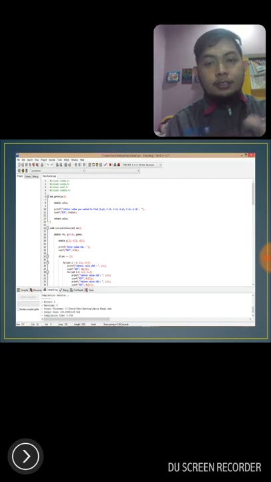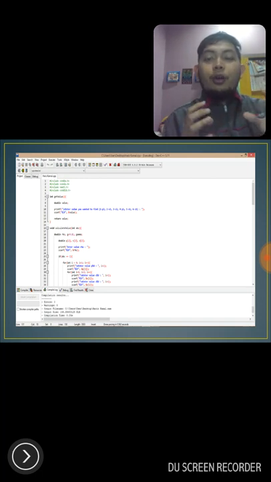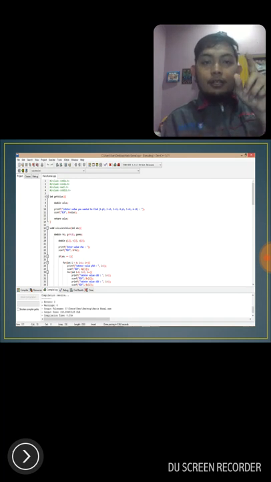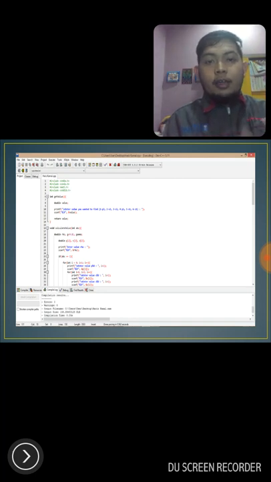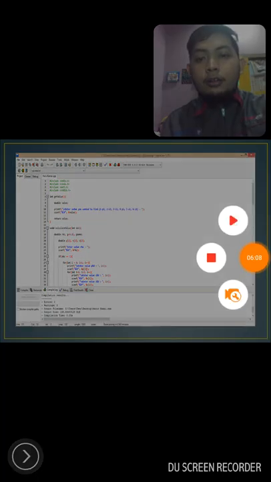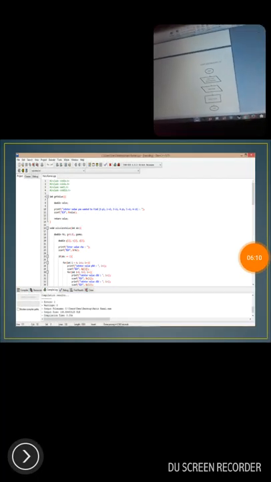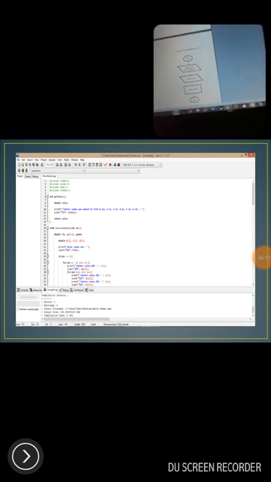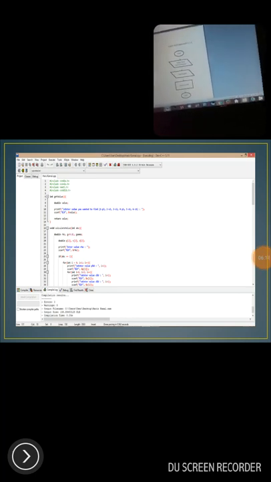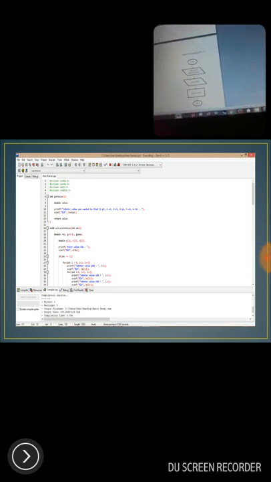For the flowchart, first you need to start, then enter value and read value. After that we return the value and end. This is the flowchart for get value, which is a function.